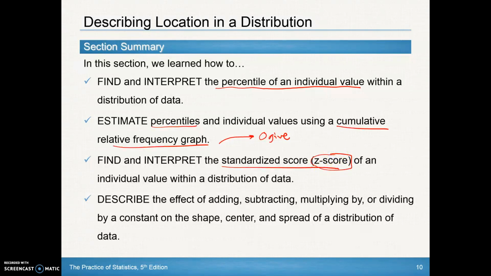And in this last day 2, we talked about the effect of adding, subtracting, multiplying, or dividing by a constant. When we add and subtract, that affects measures of center, but will not affect spread or the shape of the distribution. Multiplying or dividing do affect the center and the spread by whatever we're multiplying by, but it does not change the shape.